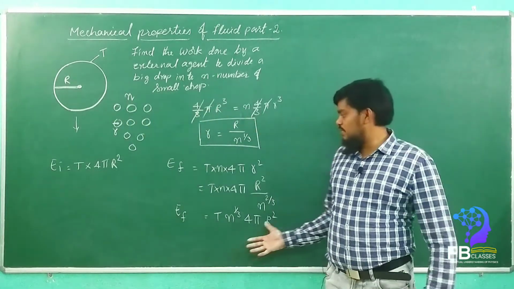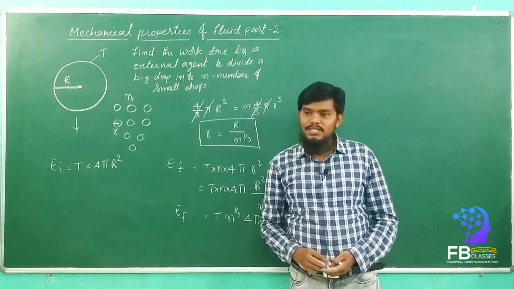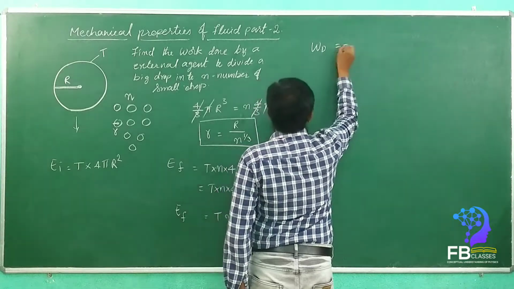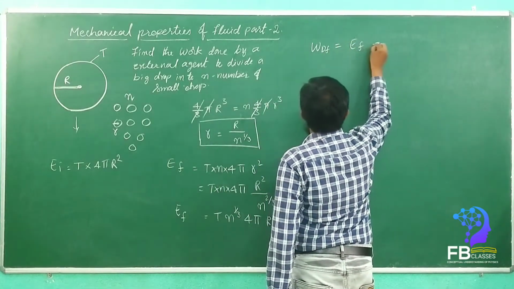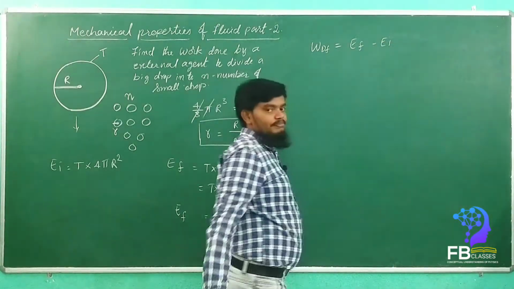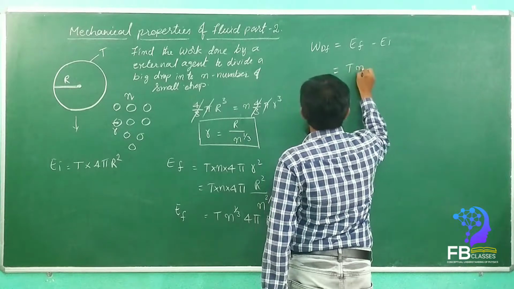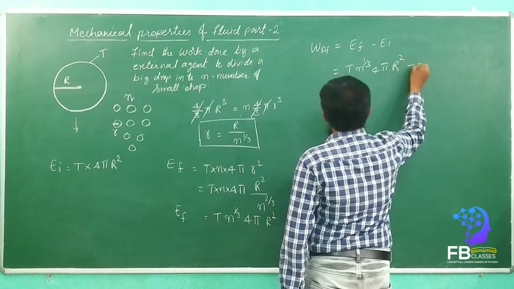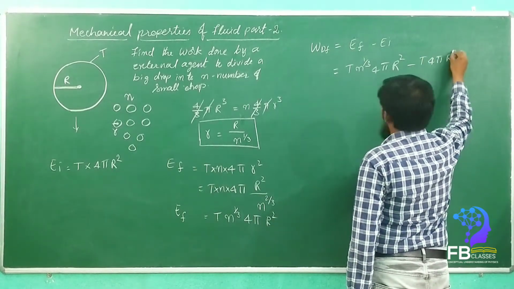Now the difference of the energies is equal to the work done. The work done by the external force is equal to the final minus the initial energy. That is T n power 1 by 3 into 4 pi R square minus T into 4 pi R square.